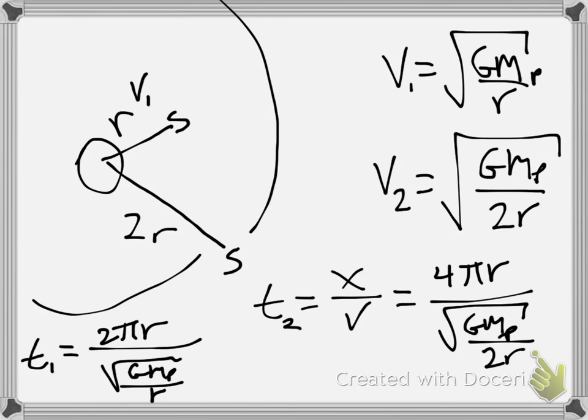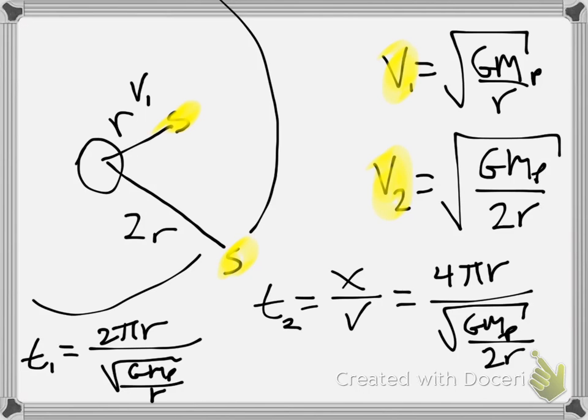Okay, so in order for this satellite to stay in orbit, it has to have v1. In order for this satellite to stay in orbit, it has to have v2. And then the time that it takes to orbit will just be the circumference divided by the velocity.